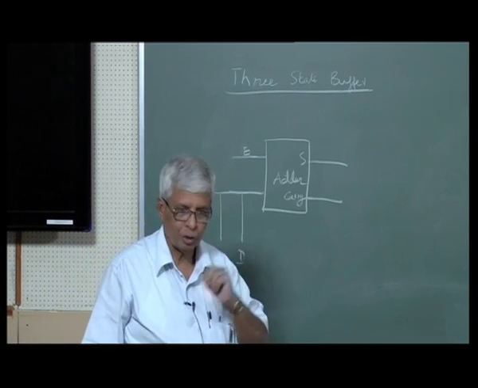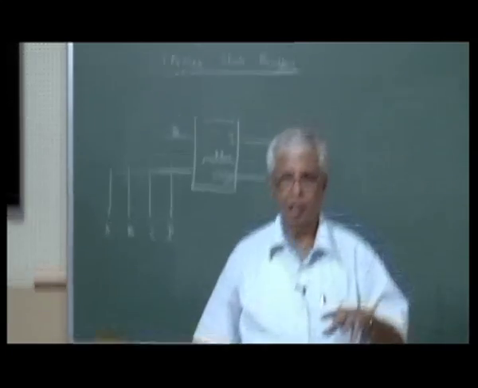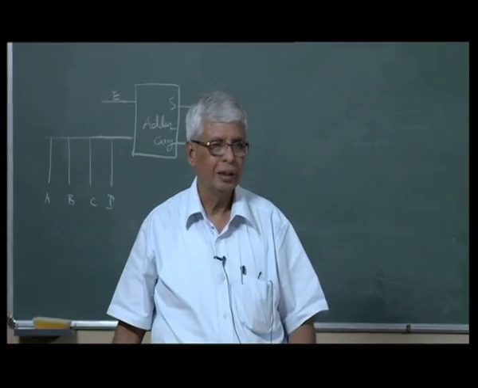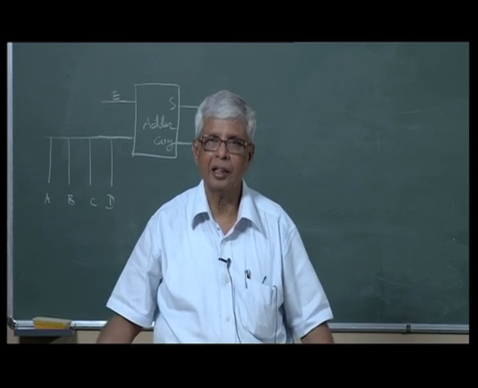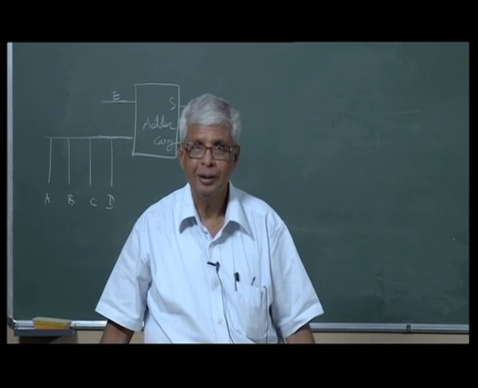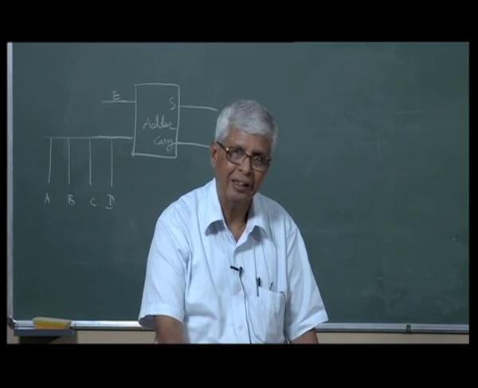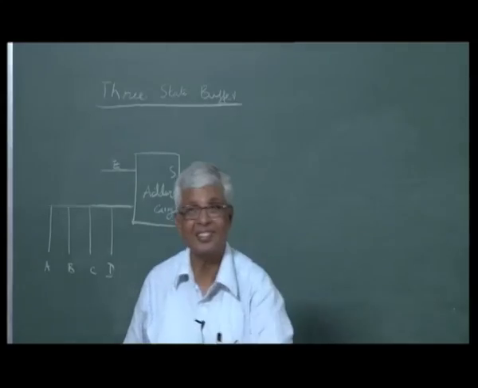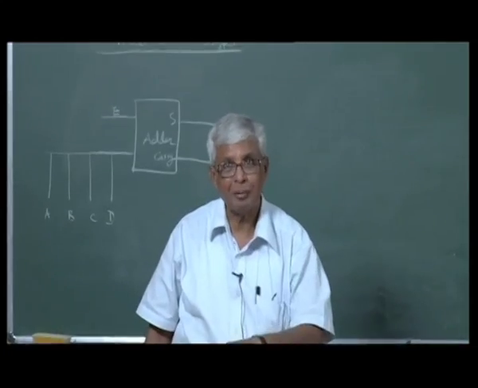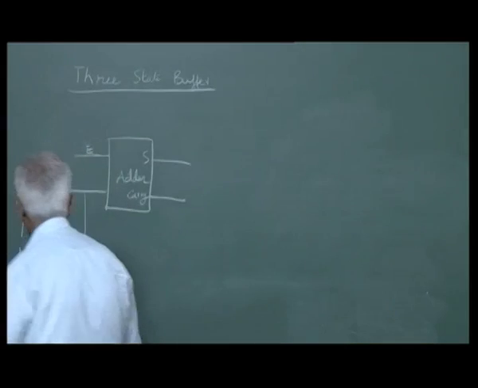Somebody wants to go to place A, somebody to place B, somebody C and somebody D, all of them get into the bus. There will be a big fight between the people and the conductor and the driver. We do not want that. They say this bus will go only here, this bus will go only here, like that. So that is called bus contention. That bus is not the same as this bus, but you can sort of think now.